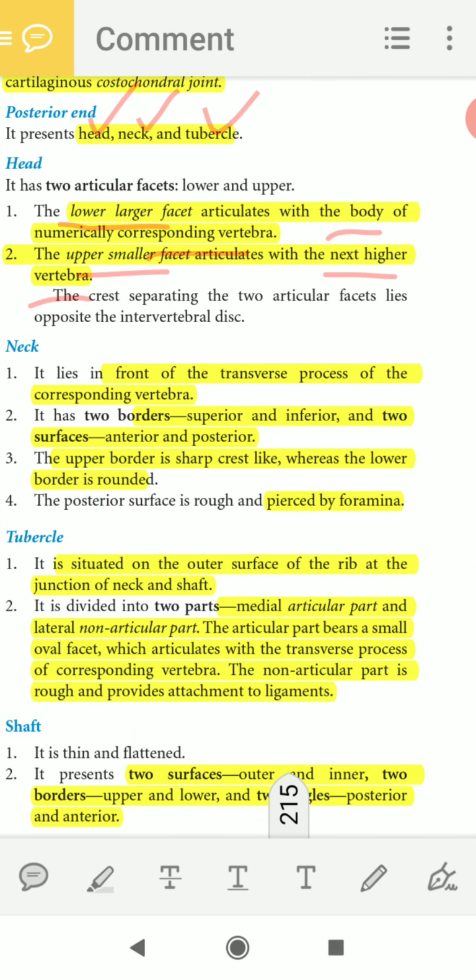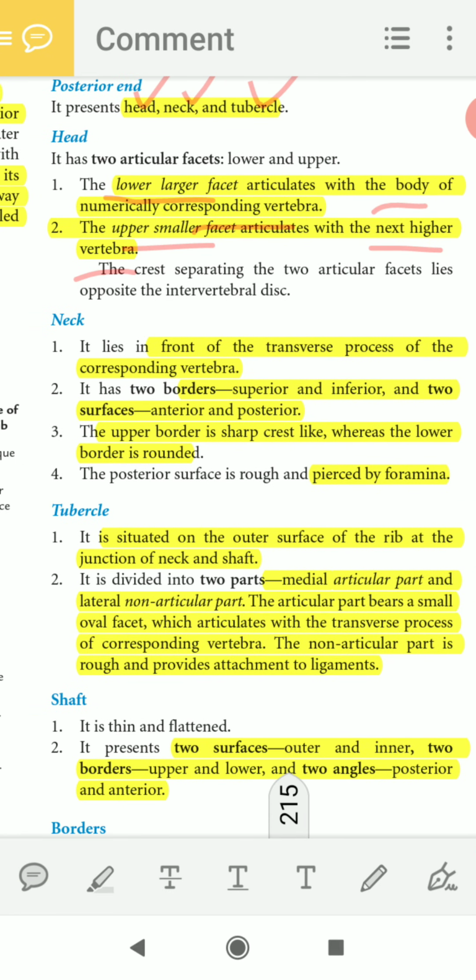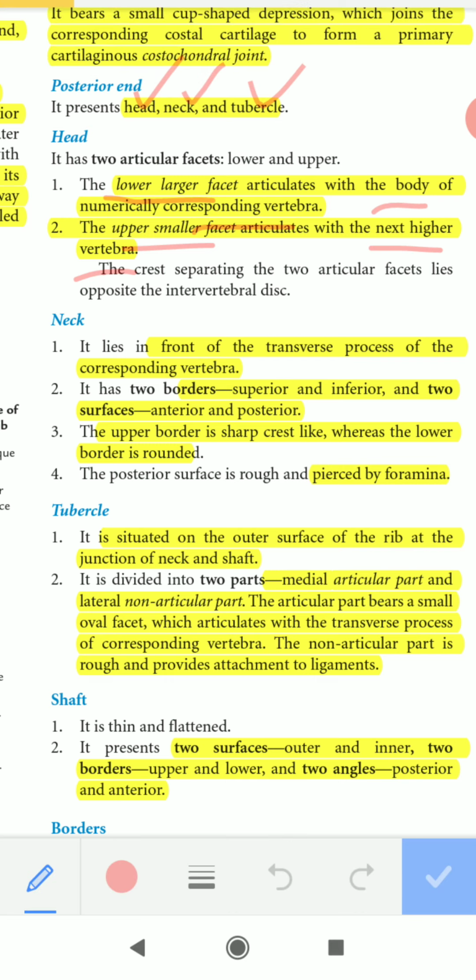Now come to the neck. The neck lies in front of the transverse process of the corresponding vertebra and it has two borders and two surfaces: superior border, inferior border, and anterior surface, posterior surface. The upper border is sharp, crest-like, but the lower border is the opposite, it is rounded. And in the posterior surface there are some foramina.